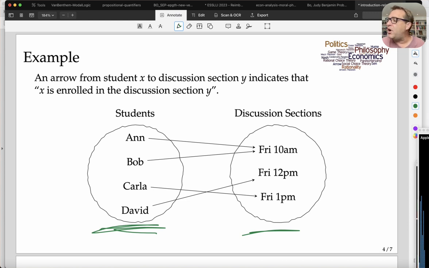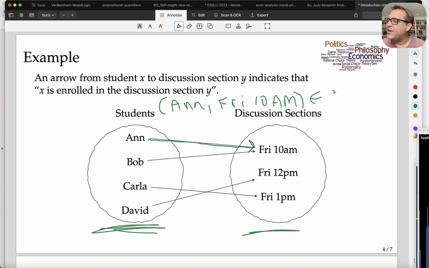And now we're going to draw an arrow from a student to a discussion section to indicate that that pair is an element of the relation. So this arrow means that Anne is related to Friday at 10 a.m. That is an element of the relation R.